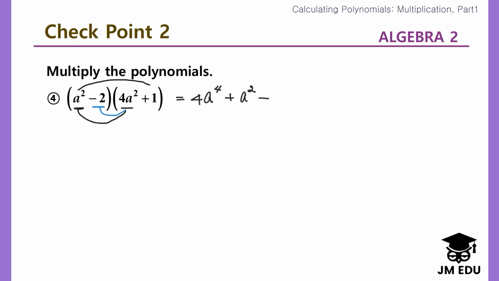So that's negative 8a squared. Last, negative 2 times positive 1, that's minus 2. So we have two like terms, a squared minus 8a squared. So that is equal to 4a to the power of 4, 1 minus 8, that's minus 7 a squared, and constant minus 2.